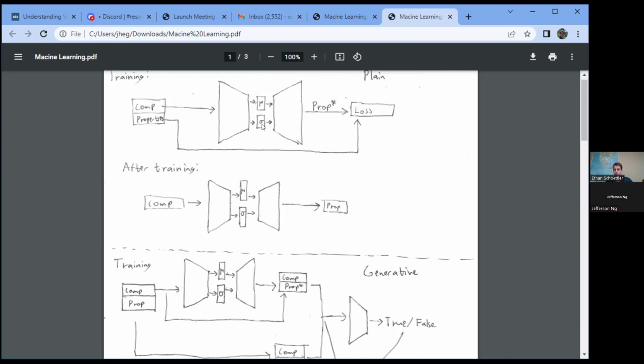Yeah. But if it was just maybe one property, I wouldn't have a decoder. I'd just have the latent space be a probabilistic prediction of what those properties would be. You're right, yeah, it might. I feel like a neural network could probably predict multiple at a time.